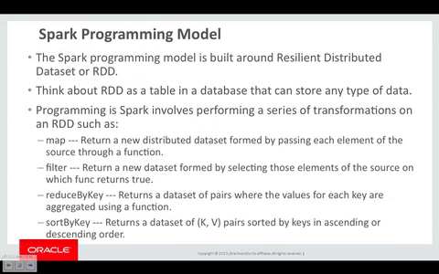A little mention about the Spark programming model: it's built around resilient distributed datasets, or RDDs. Programming it involves a series of transformations on these RDDs that you pipeline together. It really looks like Lisp to me. You do things like maps, filters, reduce by key, and sort by key.